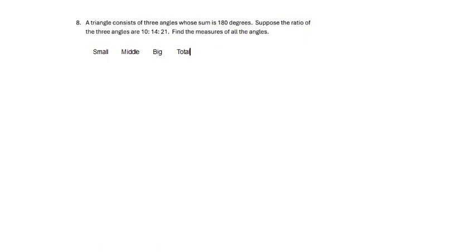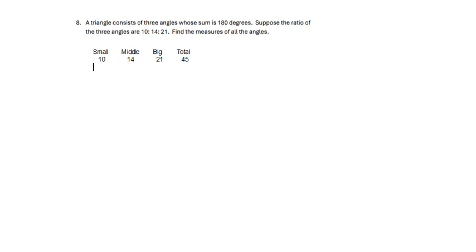Okay. All right, you'll notice that they kind of gave us a ratio of 10, 14, 21. So for small, I'm going to give that 10 because that's the smallest. 14 is in the middle because that's between 10 and 21. Then big is going to be 21 because that's the biggest number. And the total is those three numbers added together. So 10 plus 14 plus 21 is 45. All right, so here's the number one thing to know about a triangle and its angles.